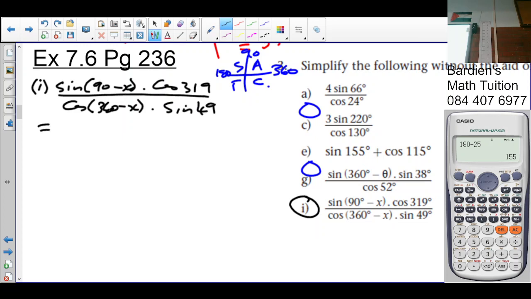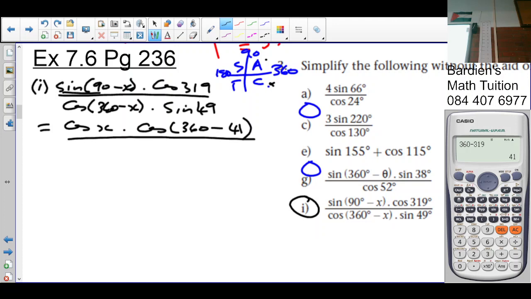Okay, so again 90 minus x, first quadrant, sine changes to cos there, so it's cos x. Remember, it only changes from 90 and 270. 319 is in the fourth quadrant. So it's cos (360 minus some angle). That would be simply 360 minus 319, which gives us 41 degrees. Over cos (360 minus x): in the fourth quadrant, cos is positive, so it's cos x times sine 49.